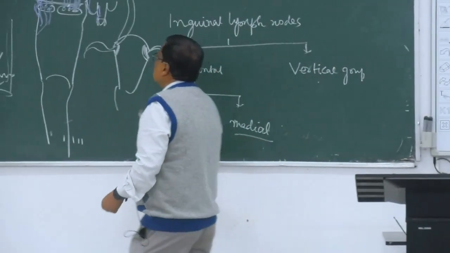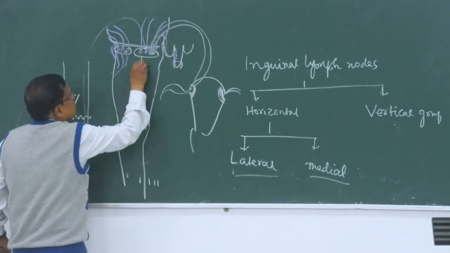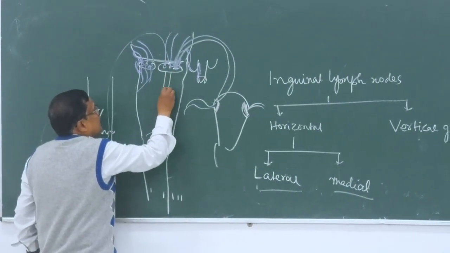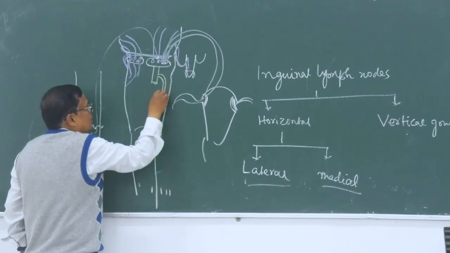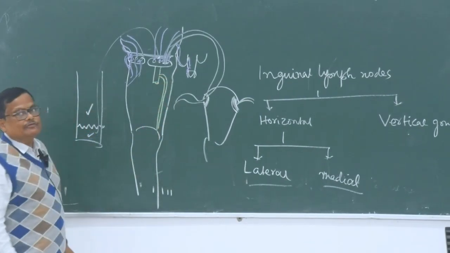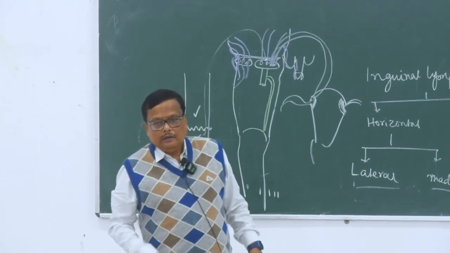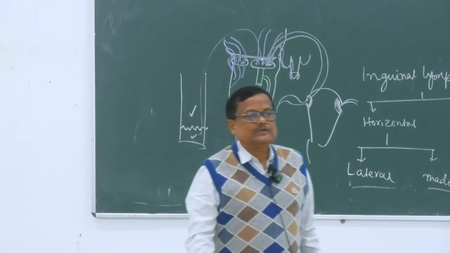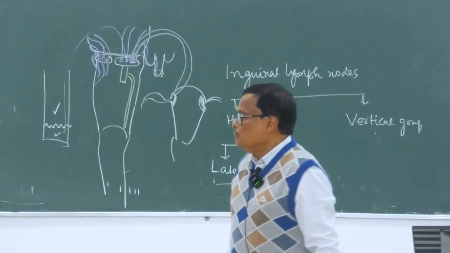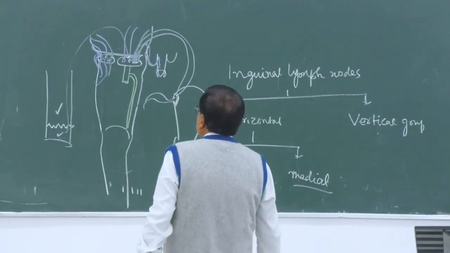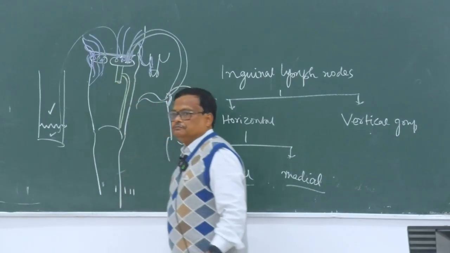Vertical group. Here we know there is a femoral vein. In femoral vein drains a long vein in our body, a vein known as the great saphenous vein. The longest vein in our body is the great saphenous vein, a cutaneous vein. Great saphenous vein drains into the femoral vein.